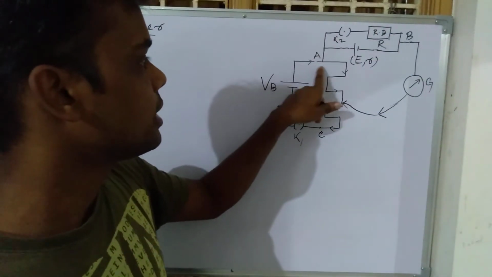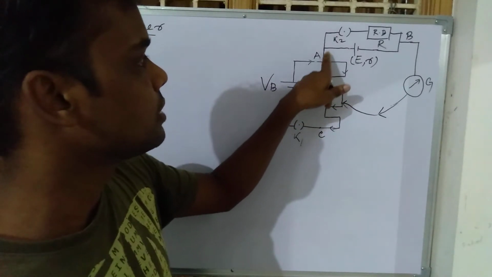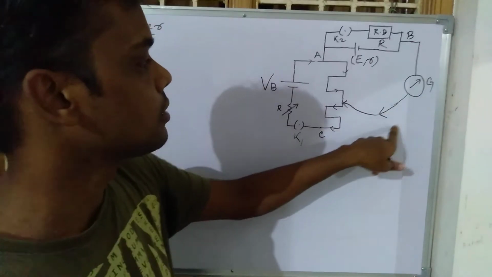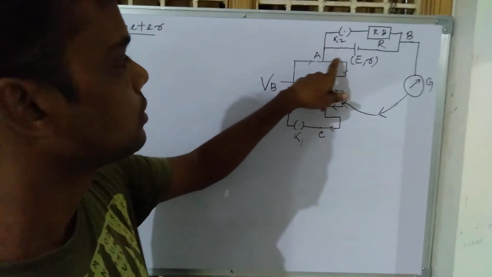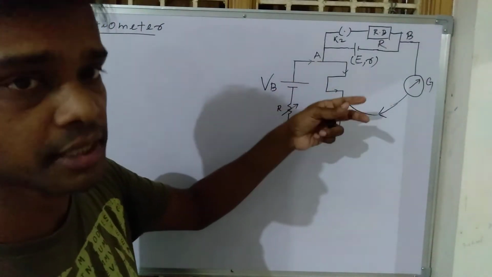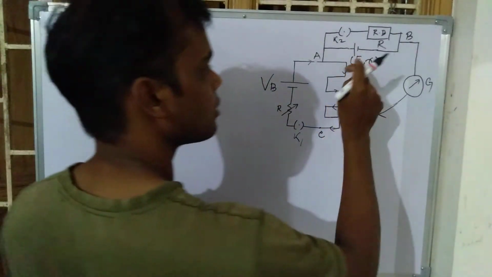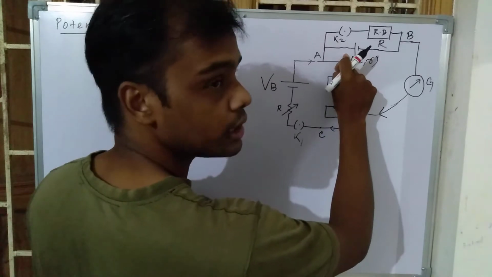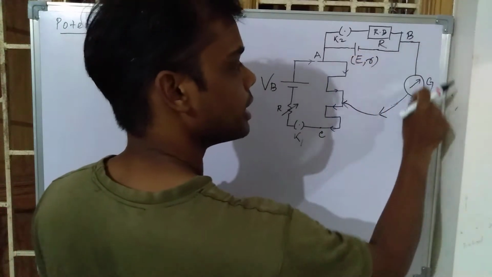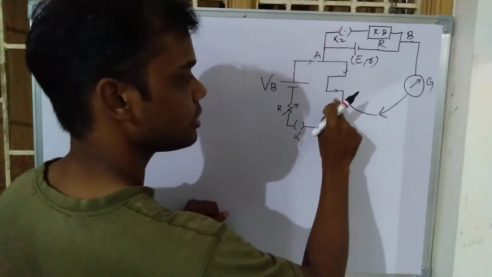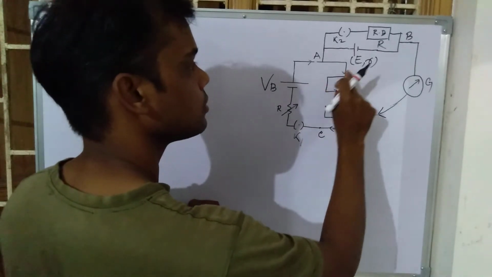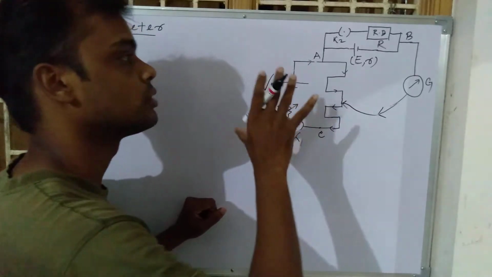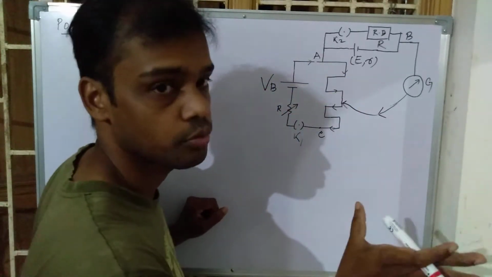So current will enter here, bypass through A, go like this, come here, and this is the complete loop. We are interested in a loop. So how to make a loop now? Start from point A to E, E to G, G to this point, from this point to point A again. Now we shall put the equation for this loop, the Kirchhoff's loop rule equation.